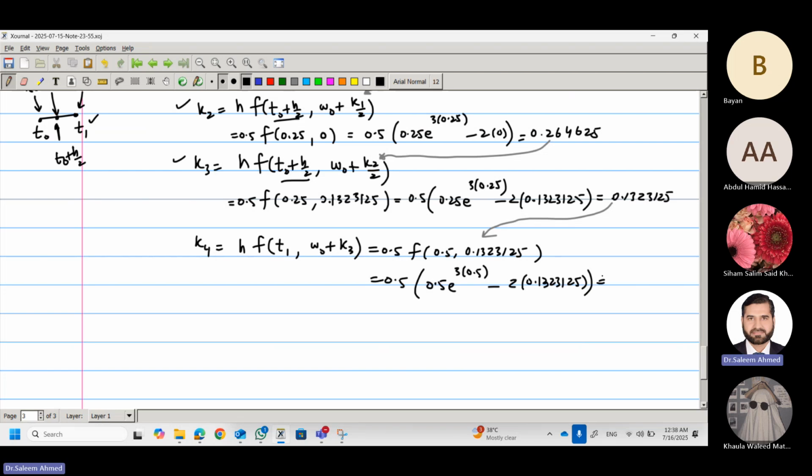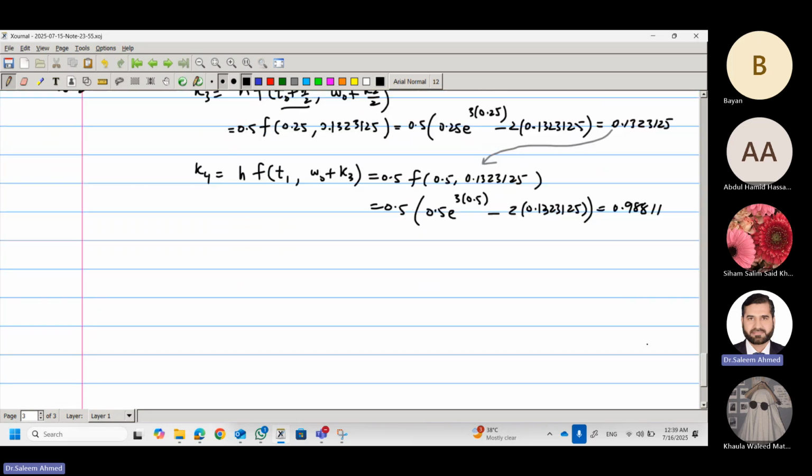So let's do this one now. 0.5 into e to the power 1.5 minus 2 into 0.1323125 is what you got, and multiplied by 0.5 outside. So that is 0.988109109711, right? So you got now K1, K2, K3, K4.